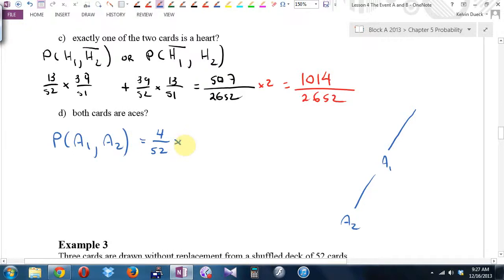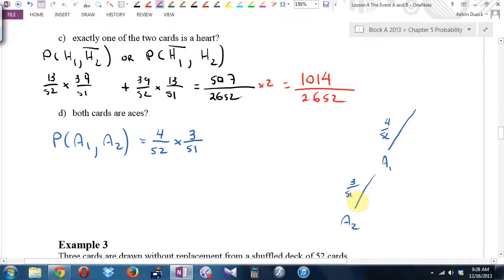How many aces are left in the deck? 3 out of 51. Because it's the same event twice in a row, you may find you can get away without doing a tree, and just say, I got my template, because it would be 4 out of 52, 3 out of 51.